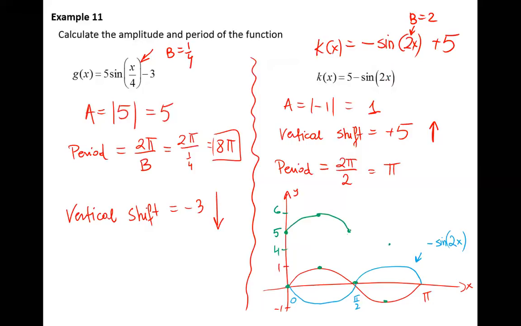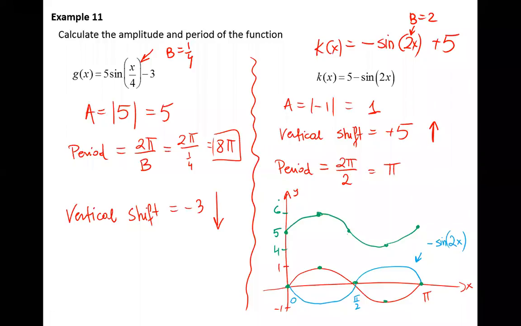I know my scale is a little bit off, but I'm just trying. That's 4, and again 5. As we can see, I took each green dot and shifted 5 units up.